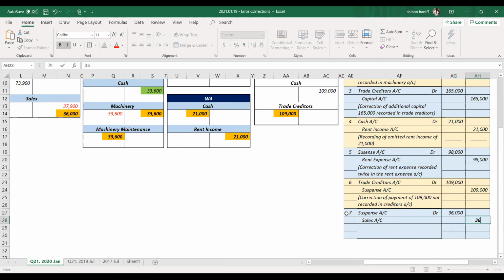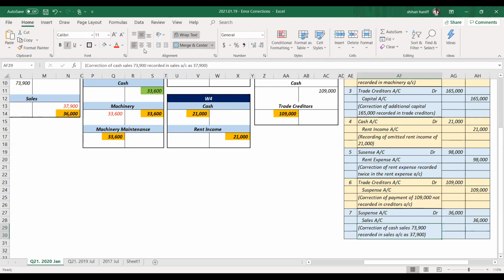Correction of cash sales 73,900 recorded in sales account as 37,900. So that's the correction. Is it clear?